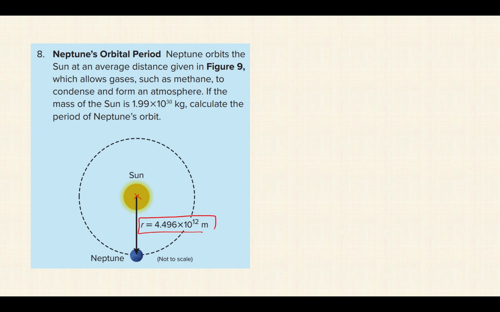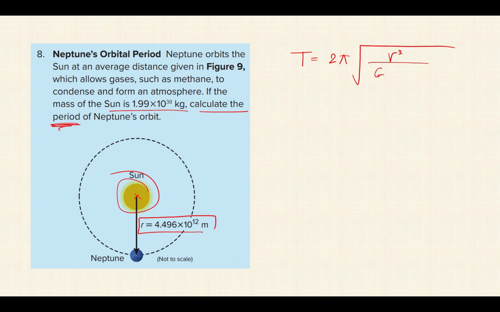If the mass of the Sun, so here he gave me the mass of the object that the planet is rotating around. Calculate the period of Neptune. So he wants me to find the period.